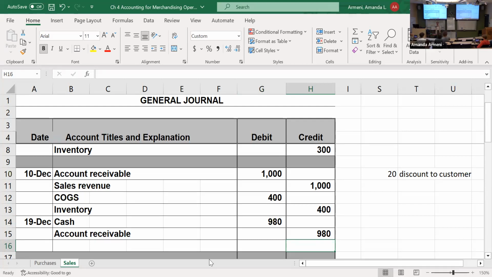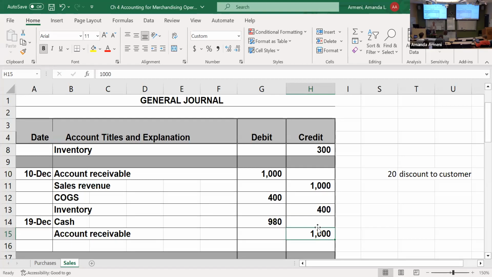Does that customer owe you $20? No, they do not, because you just gave them a discount. So you want the full amount of accounts receivable, $1,000, to go away. We originally said they owe us $1,000 with a debit. Now we're saying they don't owe us $1,000 with a credit. 0 should be the balance once all is said and done, right? They don't owe us any money.